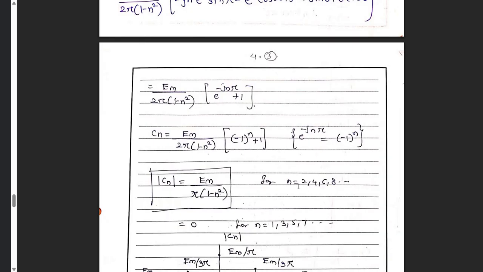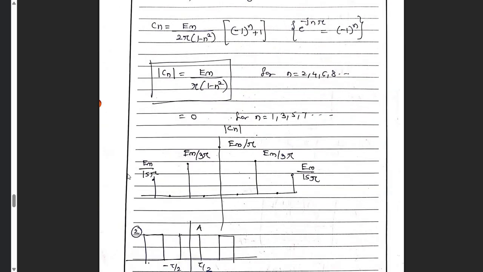So for all odd values of n, this particular term is going to become 0, and for even values of n, this term will become Em upon 1 plus 1, and therefore 2 will get cancelled, and magnitude wise it will become Em upon 1 minus n square, that is 2 square, 4 square, 6 square, like that, and into pi. So Em by pi into bracket 1 minus n square.